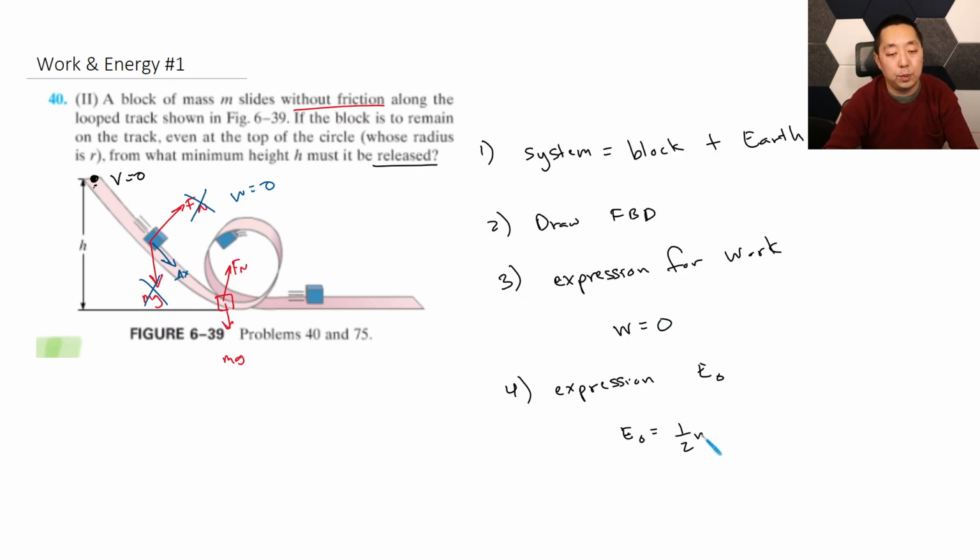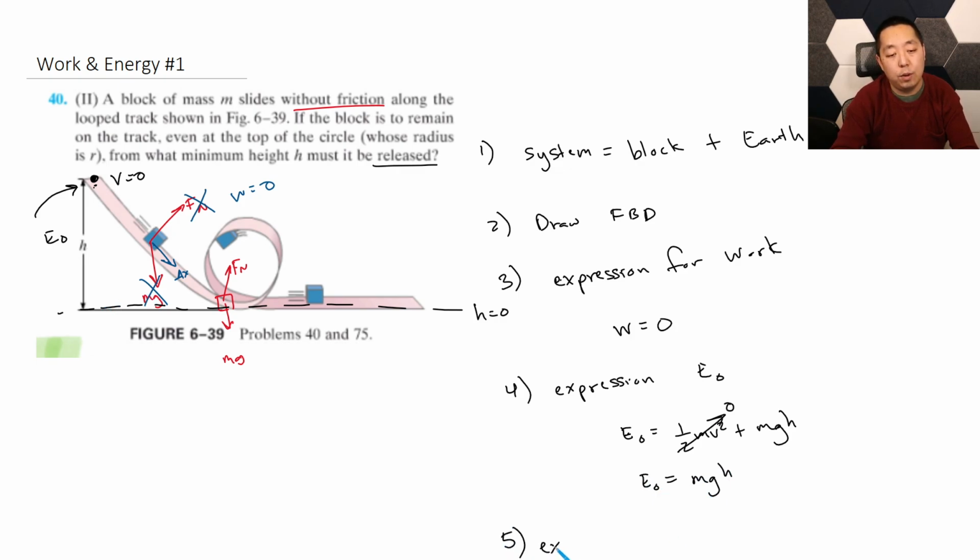So our general expression is some kinetic energy plus some gravitational potential energy. Because v is 0 at the start, there is no kinetic energy. For gravitational potential energy, you do have to set a reference height. We'll set the reference height as the very ground. It's not always the ground, but here this is h equals 0. The height above this point is h, so the initial energy is mgh.